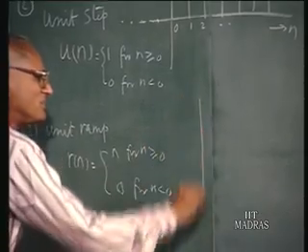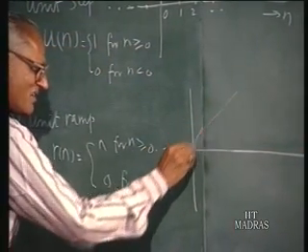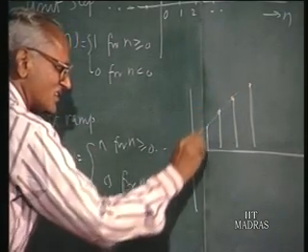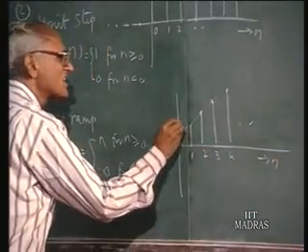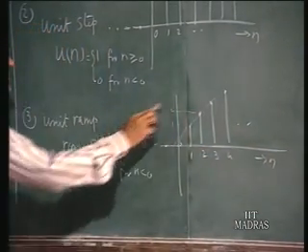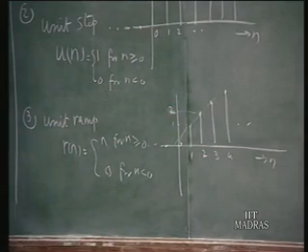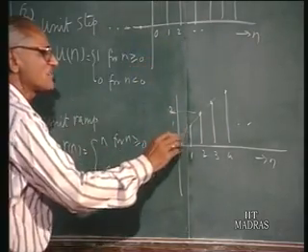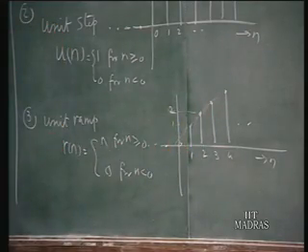So that would be 0 everywhere, but here it will be 0, like this, 1, 2, 3, 4, etc. So at 1 it is equal to 1, at 2 it is equal to 2, and so on and so forth. So that is what is called a unit ramp, which is somewhat similar to what we have in the case of continuous time system, except in the continuous time as a function of t it takes off like this, but here the values of the samples increase in proportion to n.